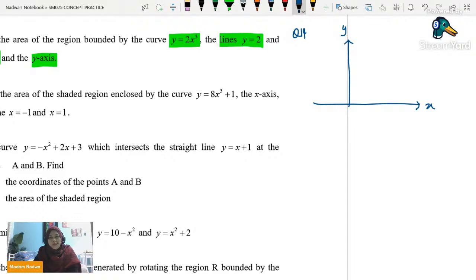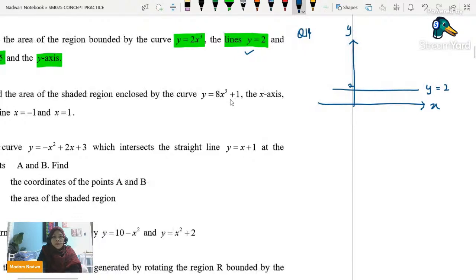Dia y equals to 2 mesti dekat atas y ni. So, let's say kita kata kat sini 2 dia. So, this is 2. Y equals to 2 adalah garisan kat 2 macam ni. Okay, saya cuba bagi straight. So, this is y equals to 2. Okay, dah dapat dah satu garisan y equals to 2.